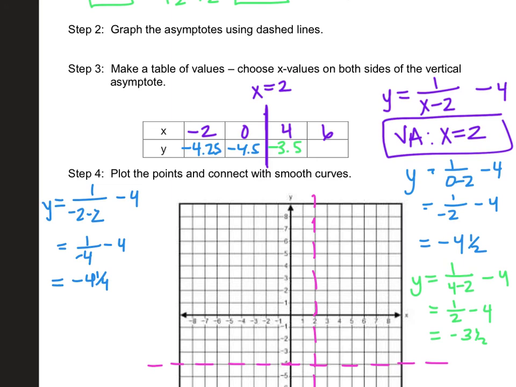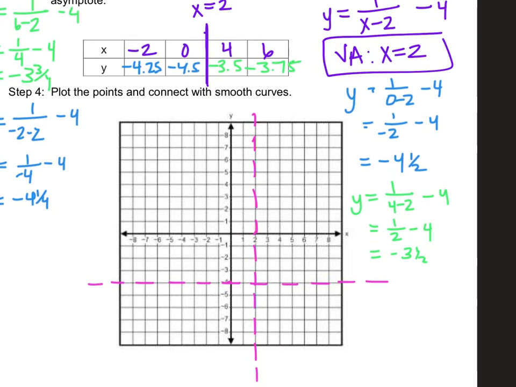And then lastly, plug in a 6. y equals 1 over 6 minus 2, minus 4 on the end. 1 over 6 minus 2 is 1/4, minus 4, which is -3 3/4, or we could say -3.75. Okay, I feel like maybe I should have picked some x values that were more spaced apart, but that's okay. As long as we can plot these points and see where the curve is going to land, then we're good.